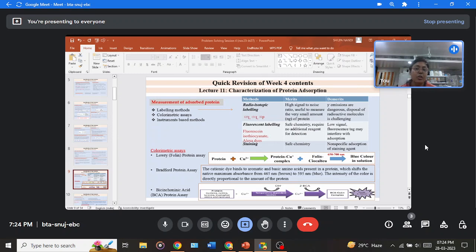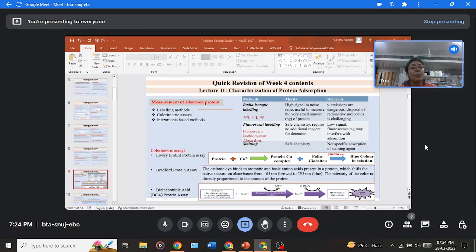Next, talking about the colorimetric assay, it includes various methods such as Lowry protein assay, Bradford protein assay, or BCA, that is bicinchoninic acid protein assay. So in case of Lowry or Folin protein assay, what happens is protein once reacts with Cu2+, it converts into Cu+, making a complex with protein, that is protein Cu+ complex.